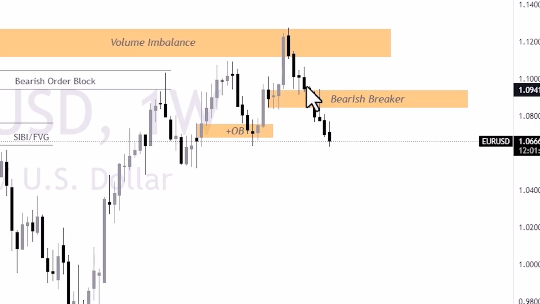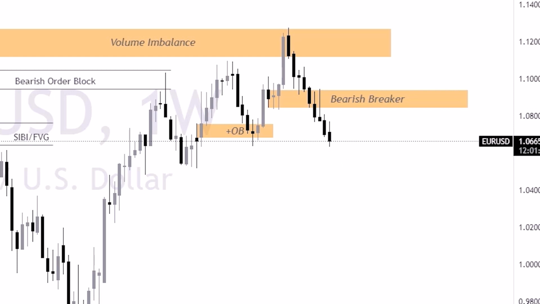Took out sell side, also taking out the bullish order block, and then went back up to reprice it, went all the way back down, creating these relatively equal lows, which I'm actually expecting to be taken out, and also take out this sell side here.